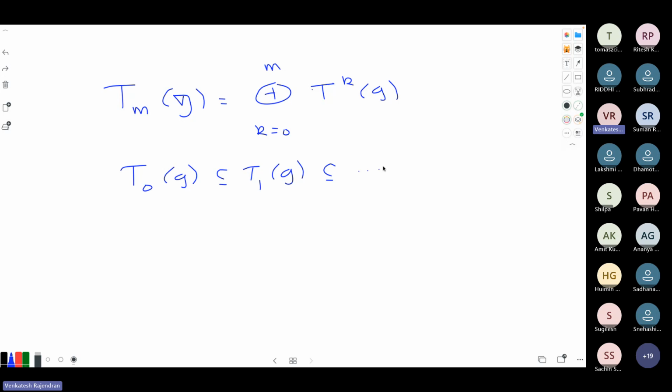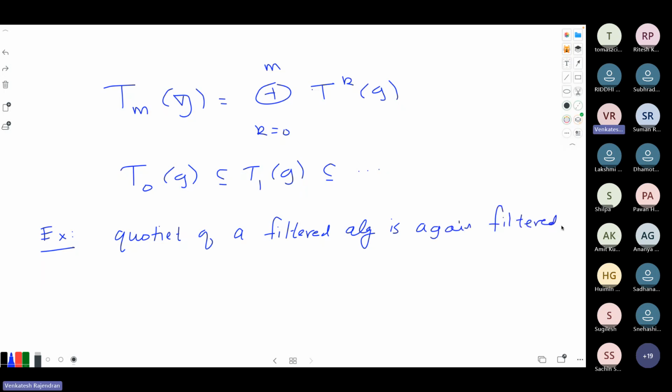Indeed, the tensor algebra is a filtered algebra, and it is not hard to see that a quotient of a filtered algebra will be filtered. This is an exercise: a quotient of a filtered algebra is again filtered.